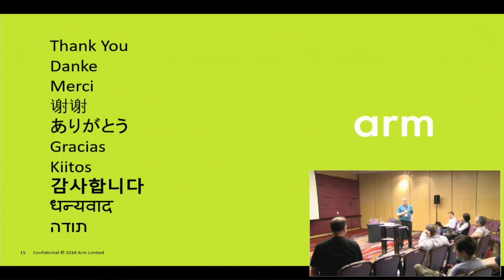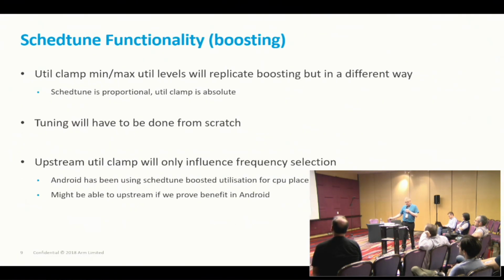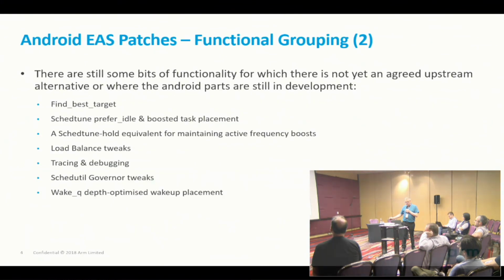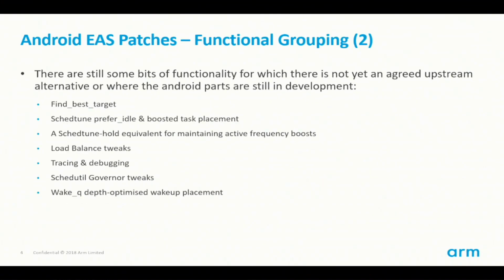If I go back to the list of stuff, there might be some code here that we do, and maybe we might have to introduce one of these similar kind of frequency holding hacks in Schedutil.